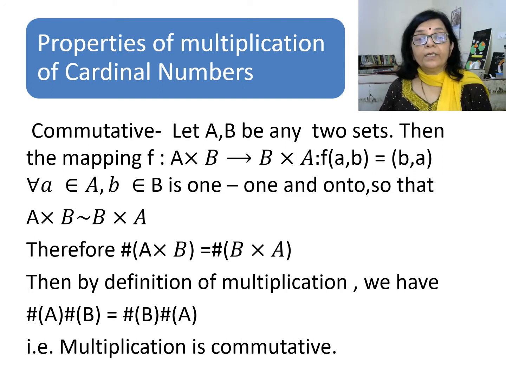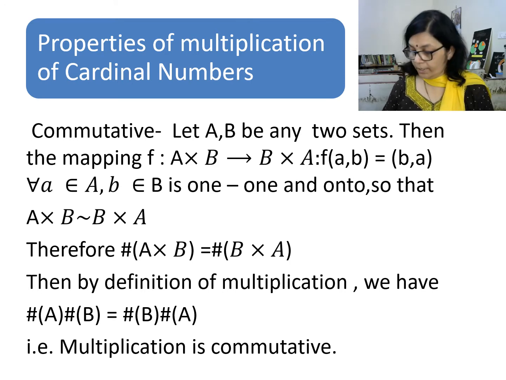Then by the definition of multiplication, we have #A #B is equal to #B #A. That is, multiplication is commutative.